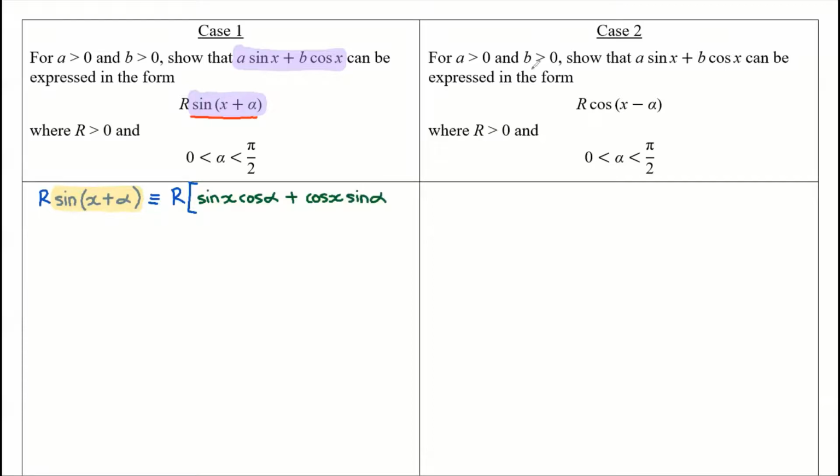If you're not convinced, please just cross-reference that with the previous page, and you can see that I've just used the identity from there. Okay, so we're just using the fact that the bit highlighted in yellow on the left is identical to the bit highlighted in yellow on the right. Right, what can we do with this? Well, we can multiply through by r, first of all.